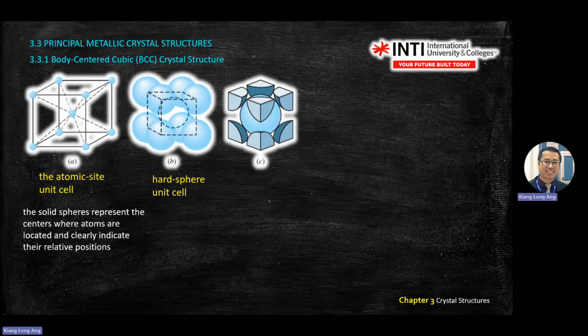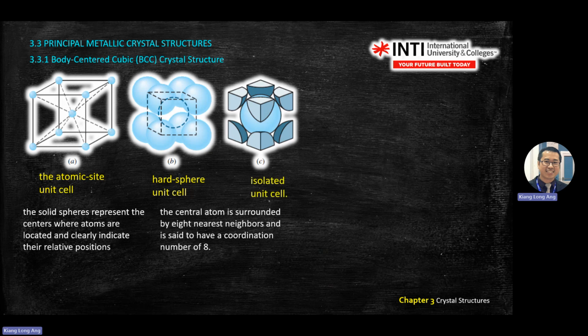So when you cut out BCC in the hard sphere, you will see one complete bowling ball at the center, and then quarter, quarter, quarter, quarter. This is a quarter ball at each corner. Makes sense. Okay.